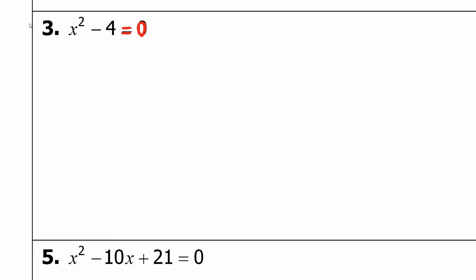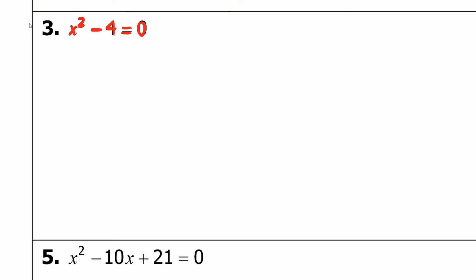It's two terms. And there's only one type of binomial besides greatest common factors that we learned how to factor. And that is difference of two perfect squares. Well, is x squared a perfect square? Absolutely, x times x. Is 4 a perfect square? Sure it is, 2 times 2.